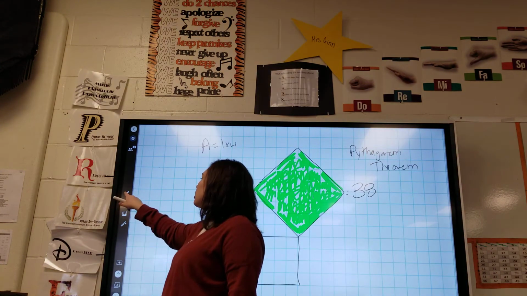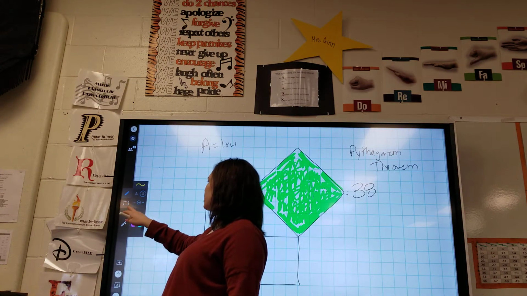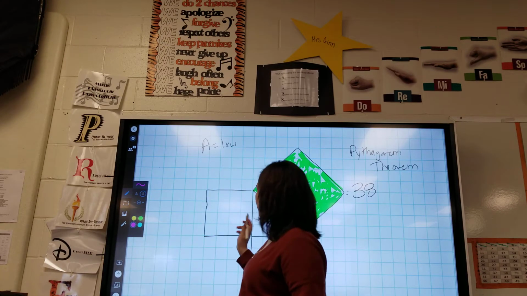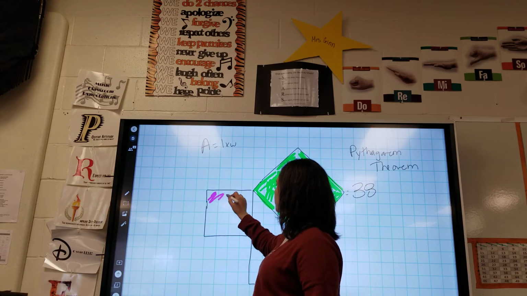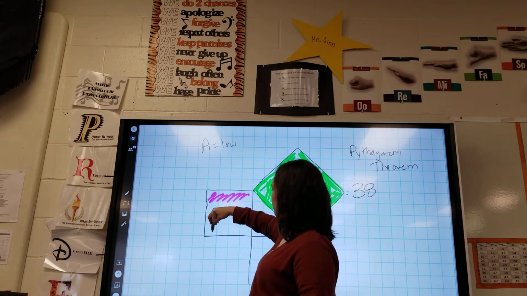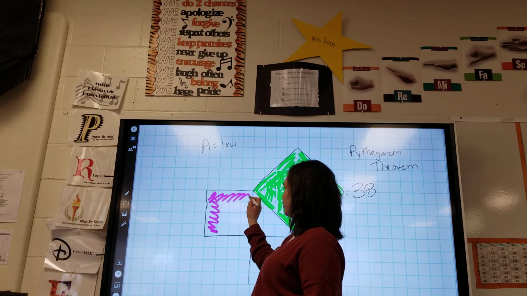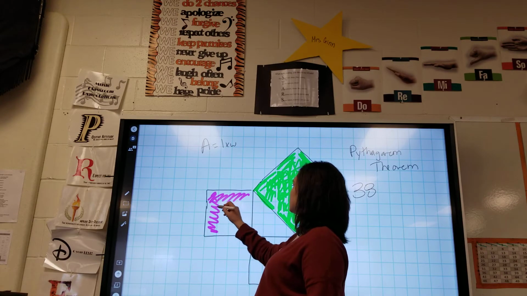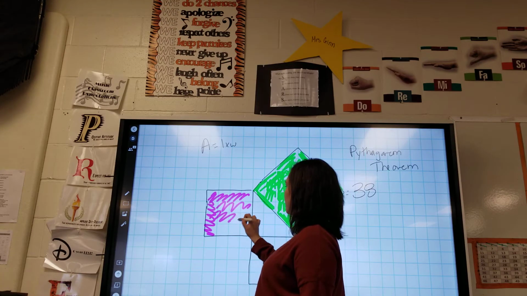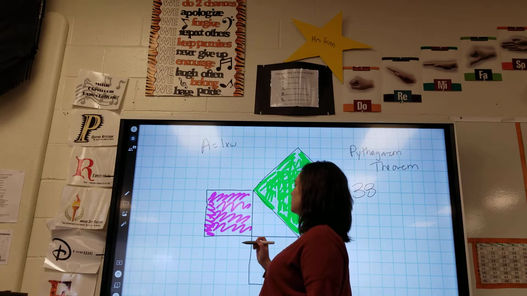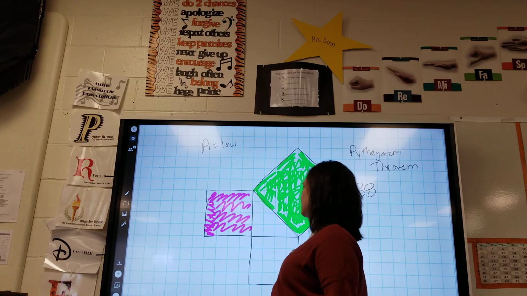Now let's do the smaller ones. The smaller ones we can also kind of find by just counting the squares. So 1, 2, 3, 4, and then there's 4 going this way. So 1, 2, 3, 4, 5, 6, 7, 8, 9, 10, 11, 12, 13, 14, 15, 16. So there's a total of 16.